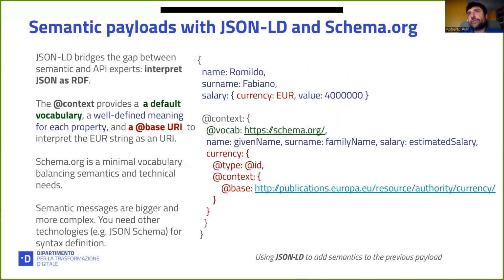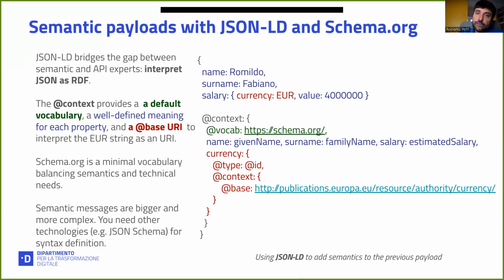JSON-LD is a W3C specification that bridges the gap between semantic and API experts. It allows to interpret JSON as RDF, adding context information. Here, we reference a default vocabulary. We associate a well-defined term to each property in blue.